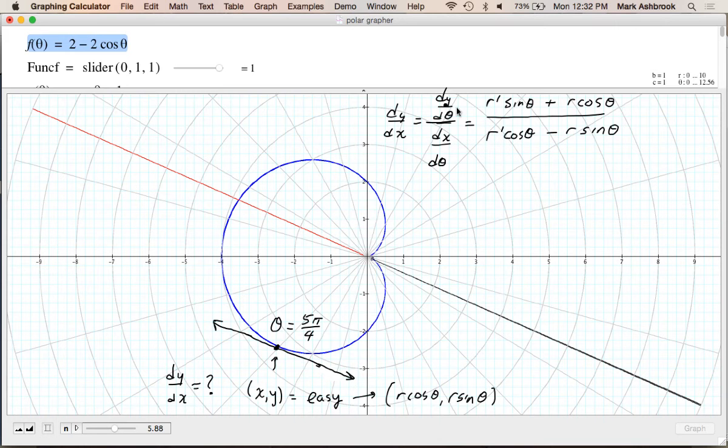And what is r prime? So we're going to need r prime. What's that? So for this one, r prime of theta, or dr d theta, is 2 sine theta.